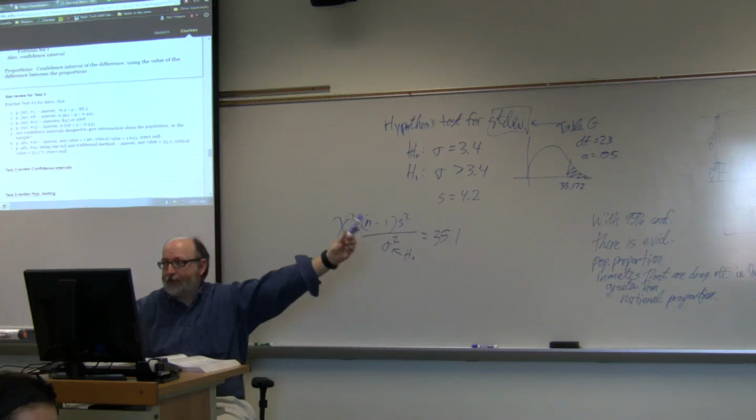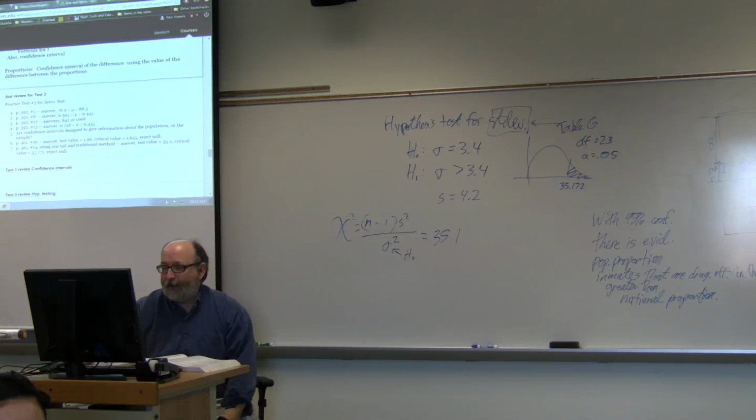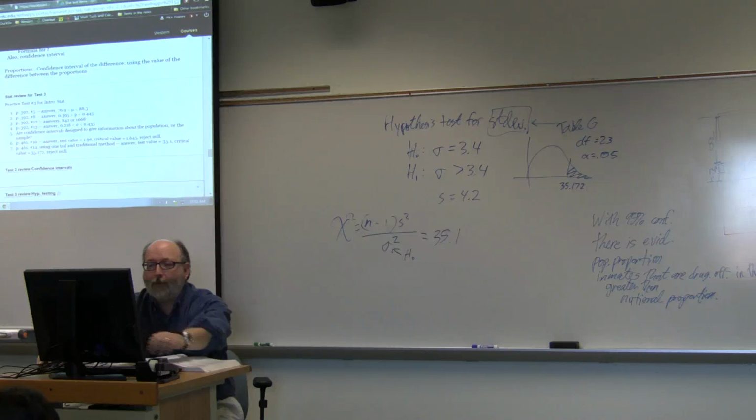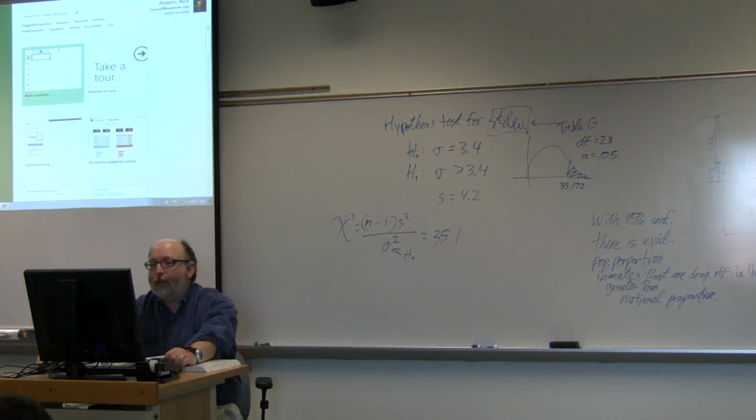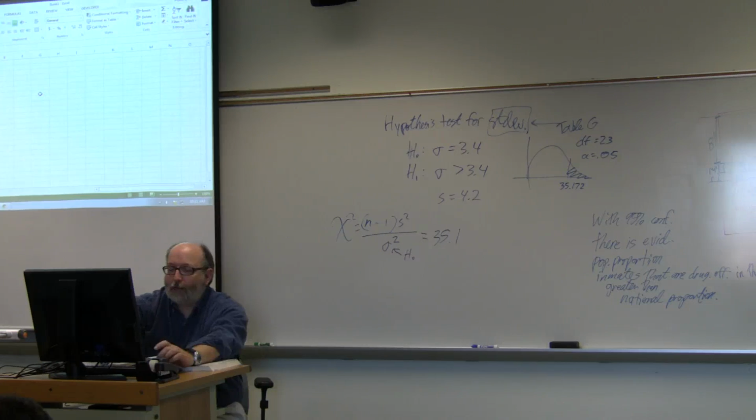Well, okay. If we had Microsoft Excel open here, and we were to ask what is that actual tail out there, I say chi-squared inverse right-tailed. Oh, I just need chi-squared.